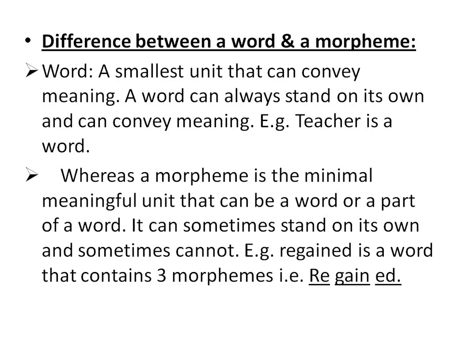So regained is a word, whereas regained has three morphemes. Let's name them: re is a prefix, gain is a stem morpheme, and ed is a further attachment to make it past, that is a suffix. A morpheme can also be a word. For example, we have the word teach.